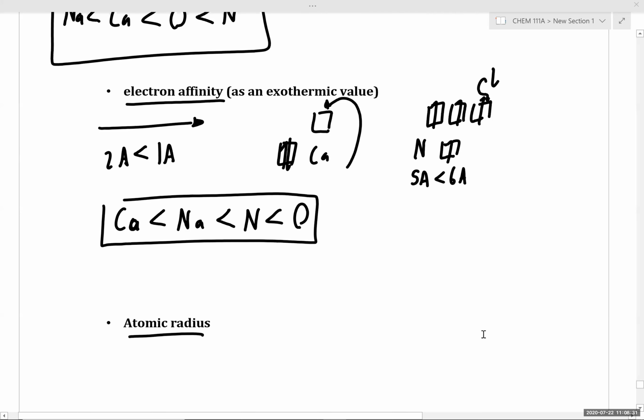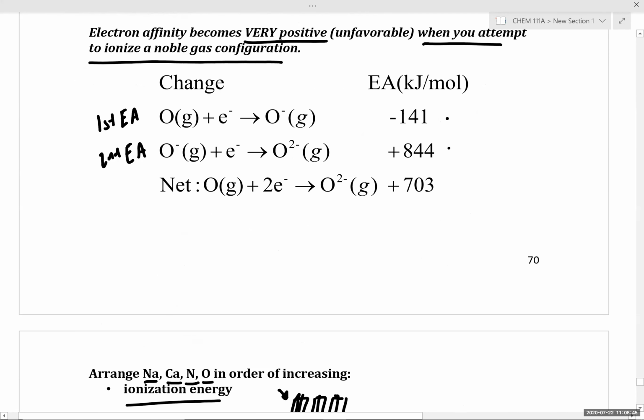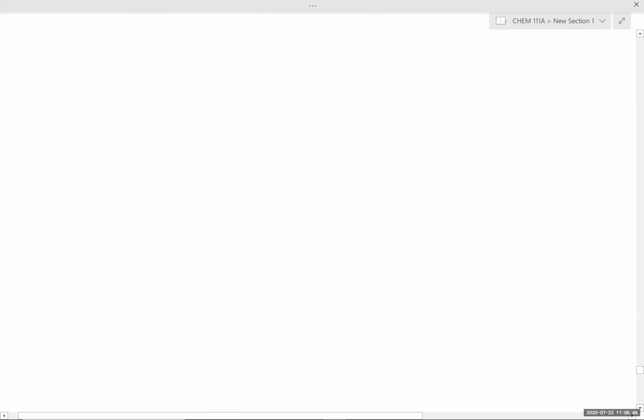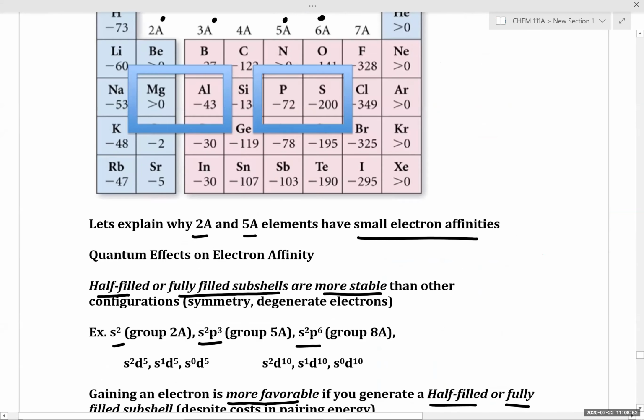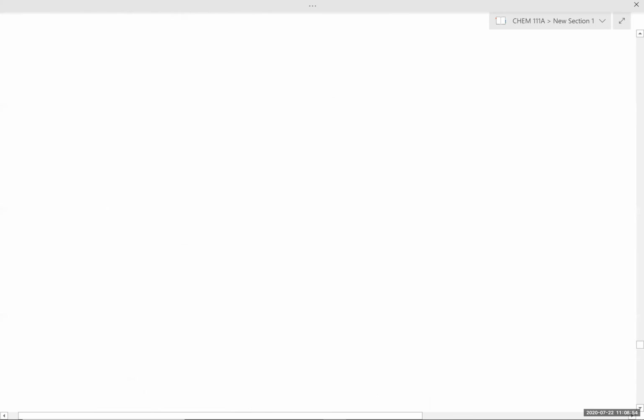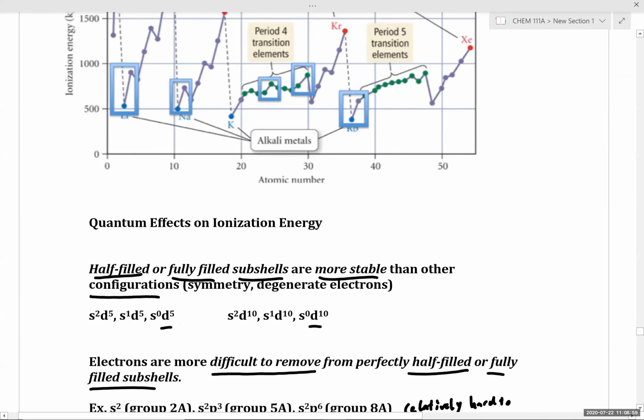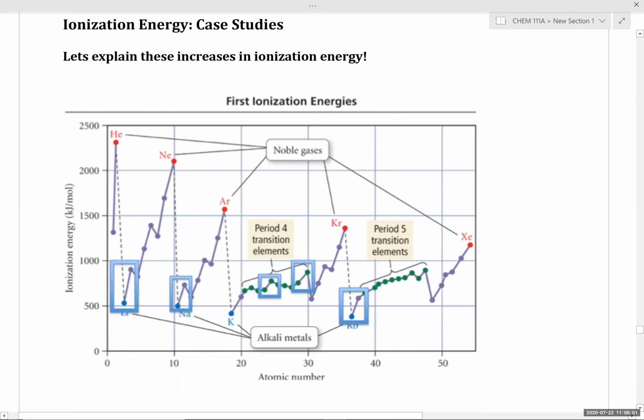So looking at your question in the chat, we have sodium, which is n equals 3, and calcium, which is n equals 4. Let's go all the way up to our ionization energy table.